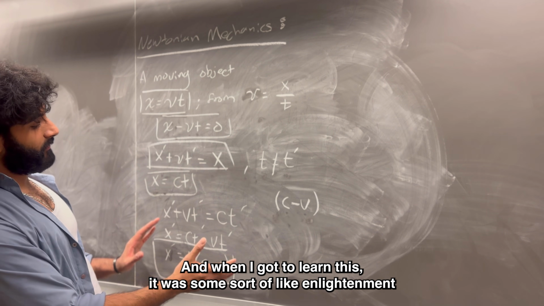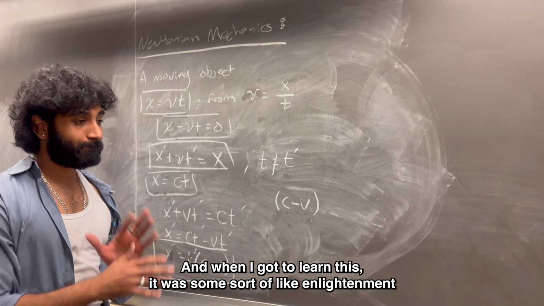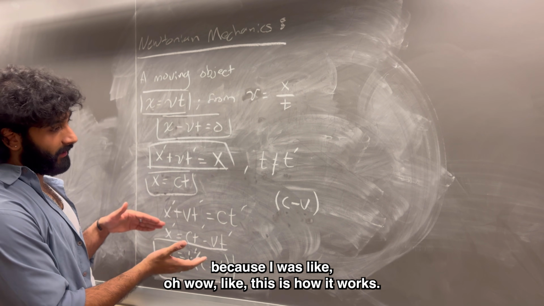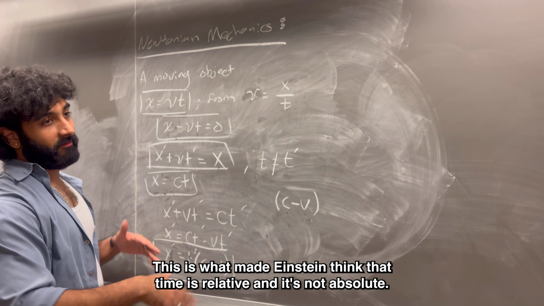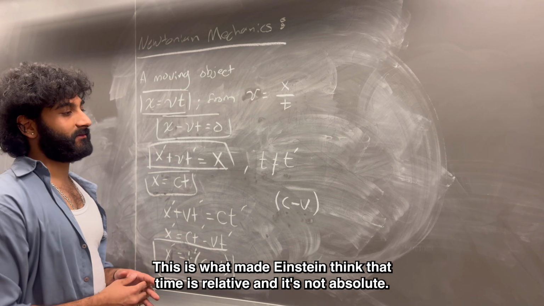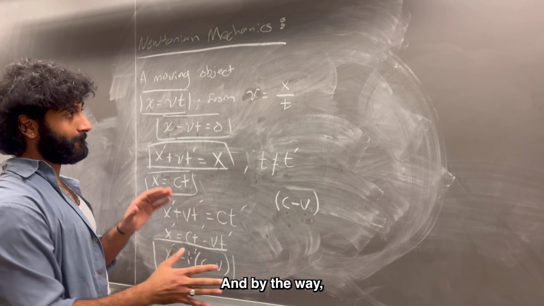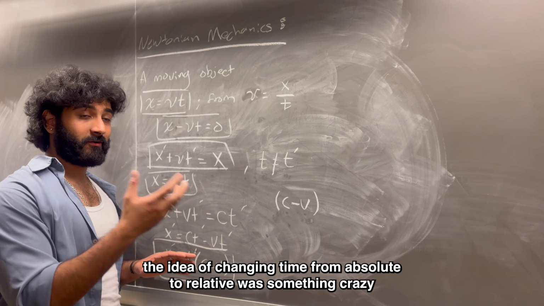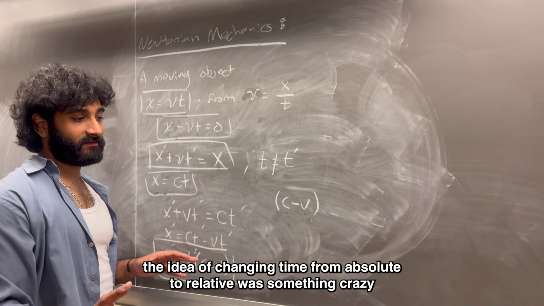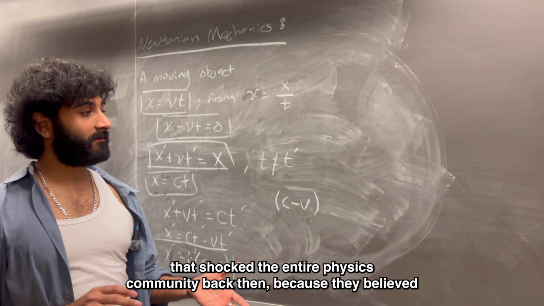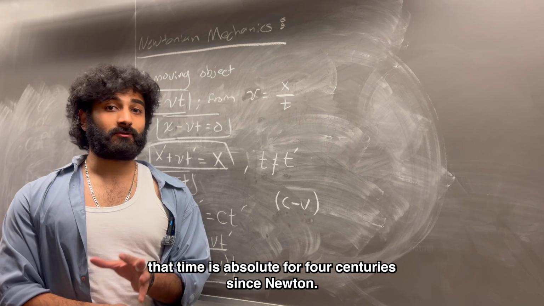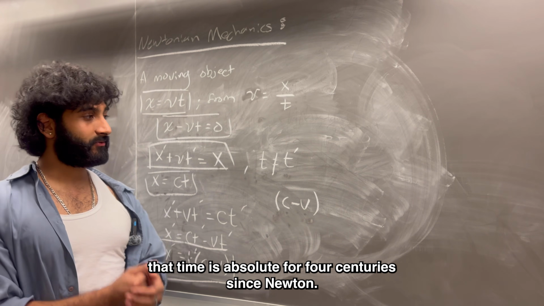And when I got to learn this, it was some sort of enlightenment, because I was like, oh wow, this is how it works. This is what made Einstein think that time is relative and it's not absolute. And by the way, the idea of changing time from absolute to relative was something crazy that shocked the entire physics community back then, because they believed that time is absolute for 4 centuries since Newton.